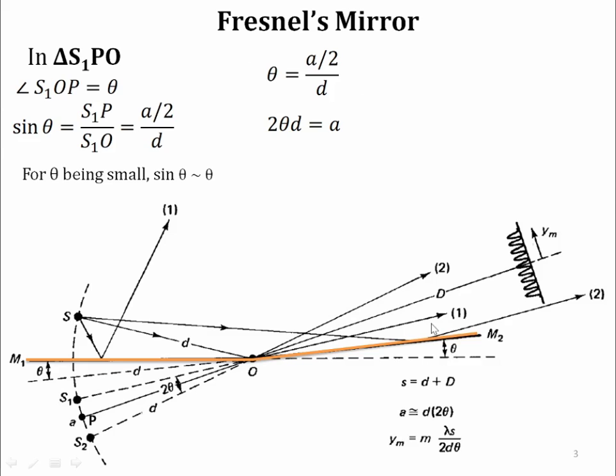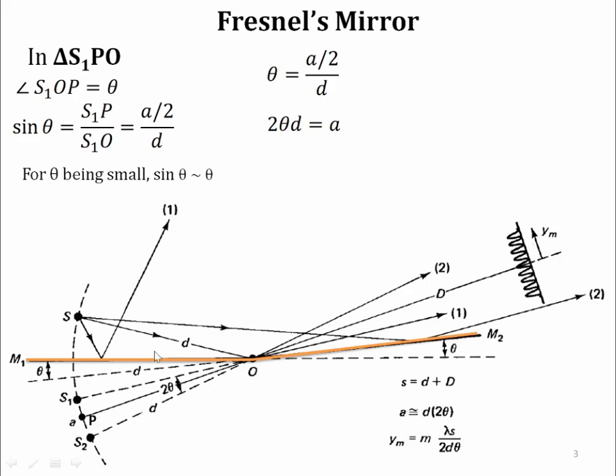Now you should ask one question here: why didn't we incorporate that sudden phase change of pi here? Because the rays are seeing reflection from mirrors. Basically this is because the sudden phase change is happening for both the rays which are producing interference, or both the beams we should say.